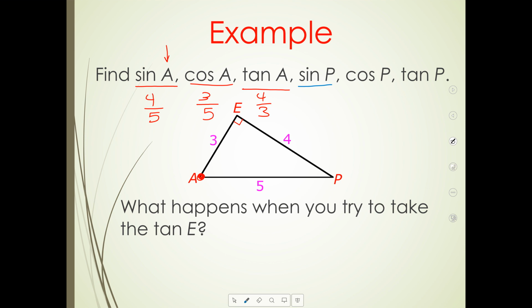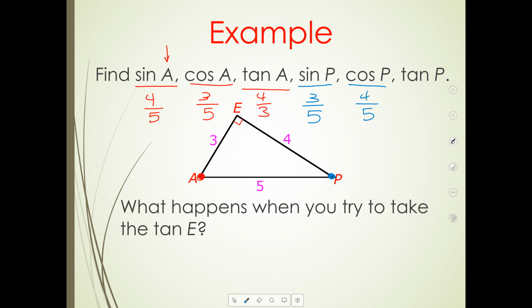Sarah, what's the sine of P? Now we're over here. 3 over 5. Yeah. Sam, what's the cosine of P? 4/5. Good.